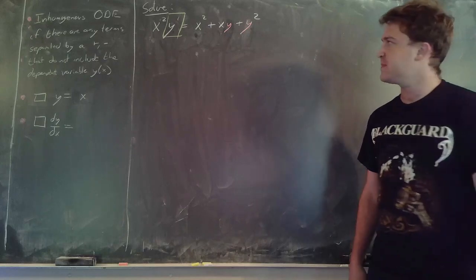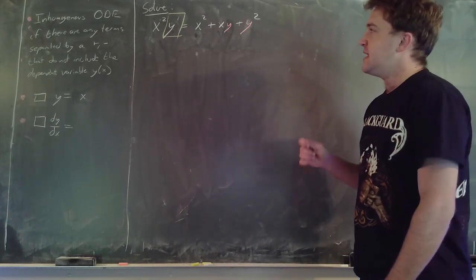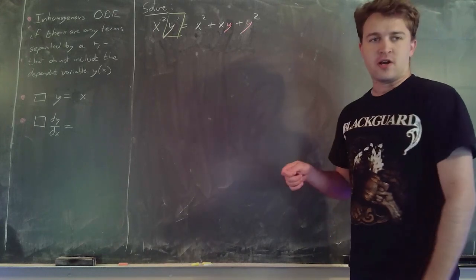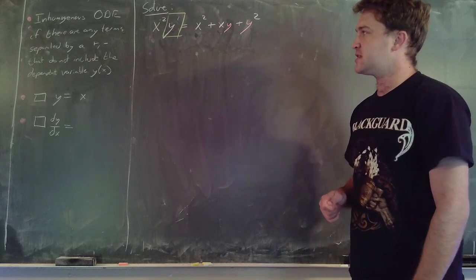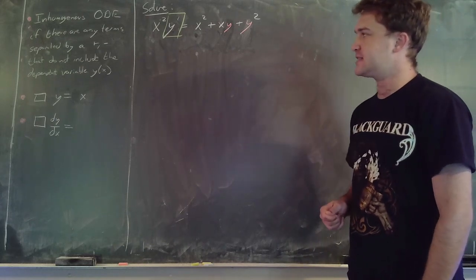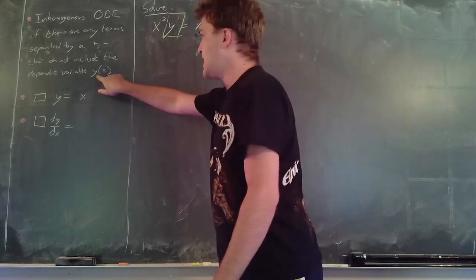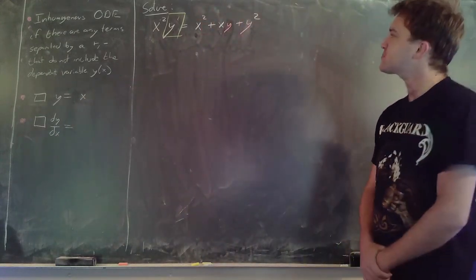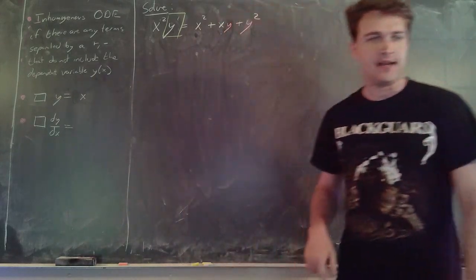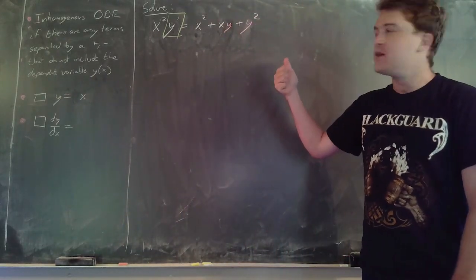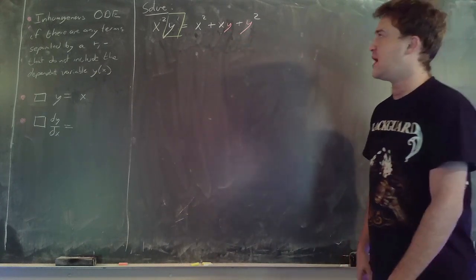differential equation. And one of the things we need to recall is that an ordinary differential equation is inhomogeneous if there are any terms separated by a plus or a minus which do not include the dependent variable, which is this y as a function of x. So we normally don't include this y of x in the shorthand here, but we do like to view the dependent variable like it is a function of the independent variable, y of x.